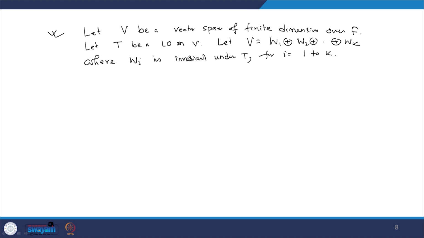Now, let us see how this information helps to split the operator T.